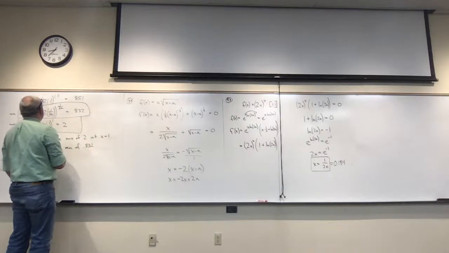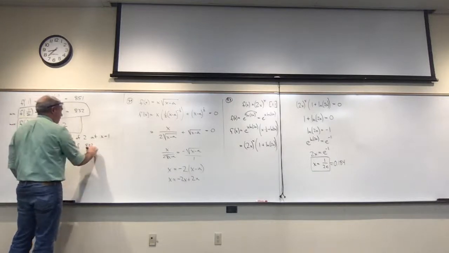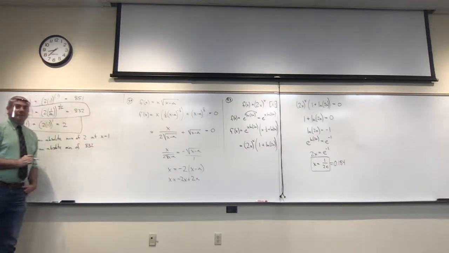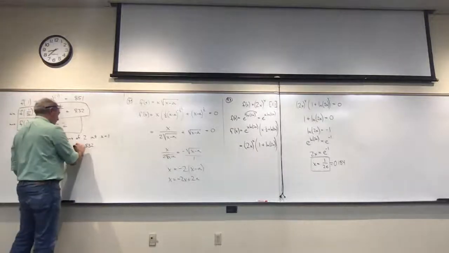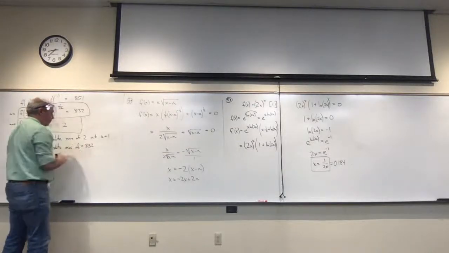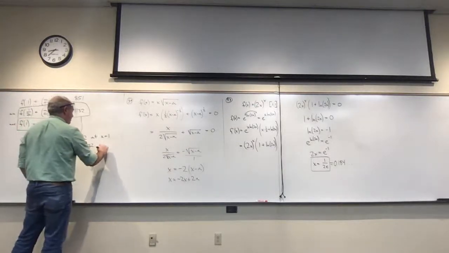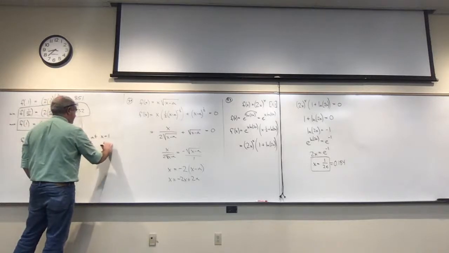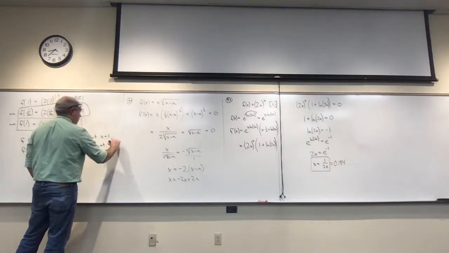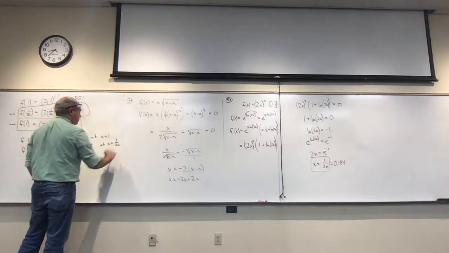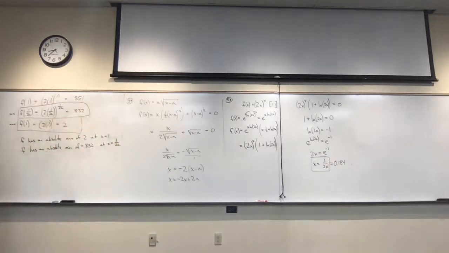I assume that that's not the exact value, probably. Correct. Approximately 0.832 at x is equal to 1 over 2e. And we're done.